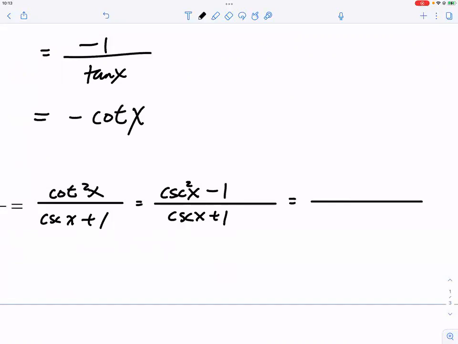And then you can actually factor it. So you can have cosecant x plus 1 and cosecant x minus 1. And can you see something already? Yes. This one? You change this. Look at your identity, the Pythagorean identity involving cotangent.